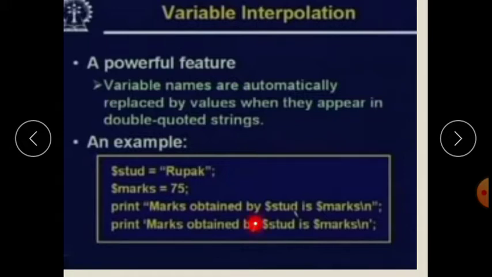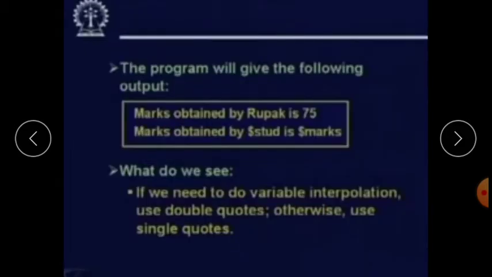But when we write these variables inside single quotes, the variable is treated as a string, so the output of the second statement is marks obtained by $stud is $marks. What do we see? If we need to do variable interpolation, use double quotes, meaning when we want to replace the variable by its value, we need to use double quotes. Otherwise, use single quotes.